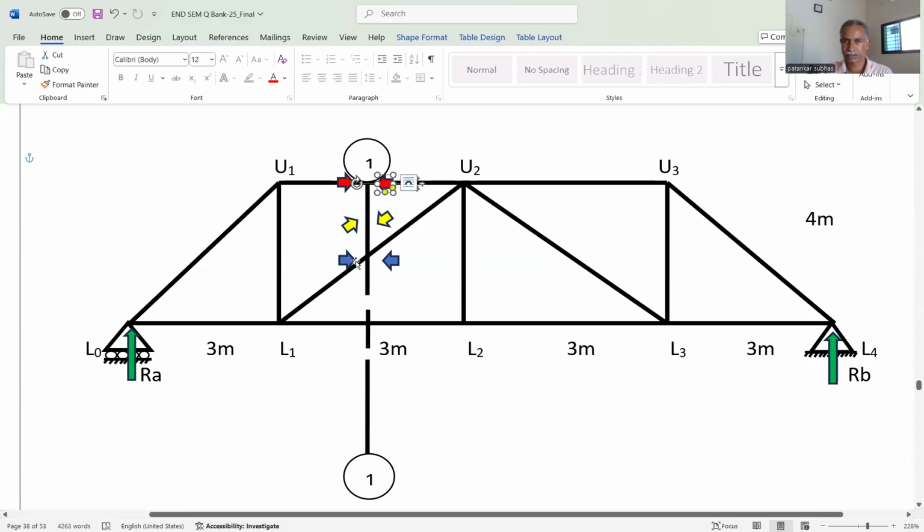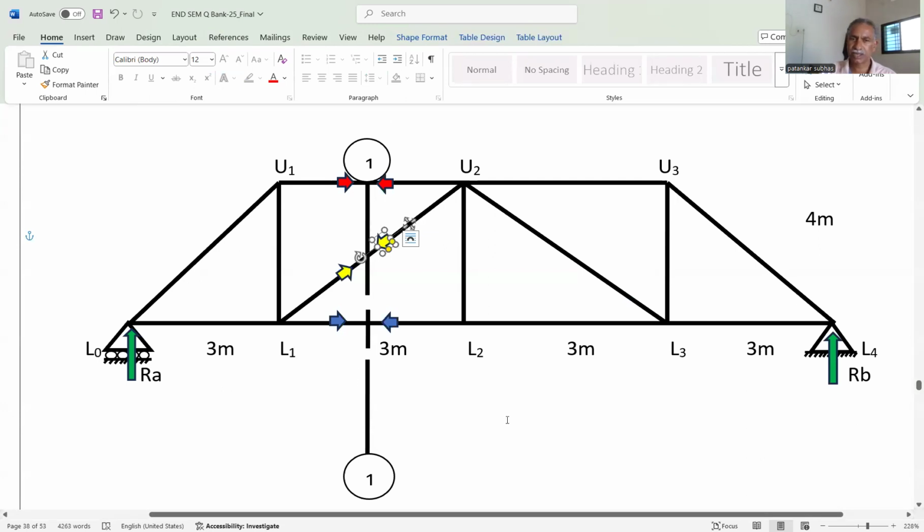After breaking or separating the truss, we can say that there is a development of forces. Here we have considered, as our assumption, all the forces in the members tensile. So this is the section 1-1, with U1U2, L1U2, and L1L2 separated out.